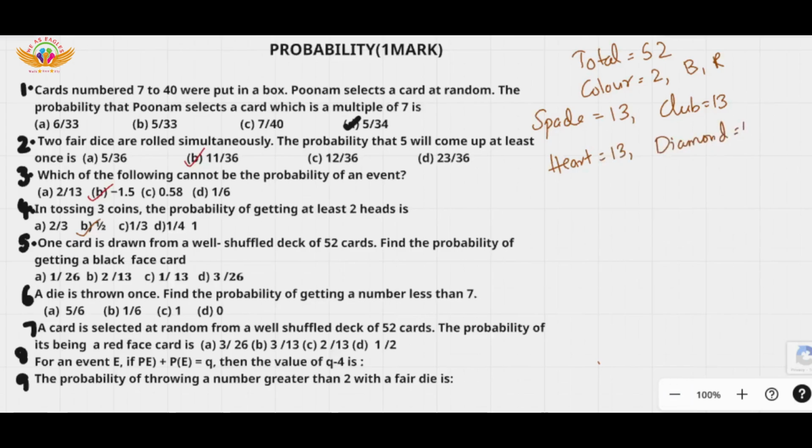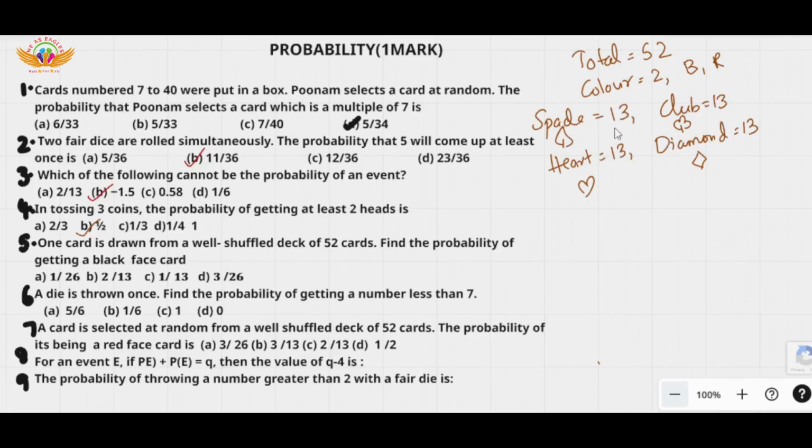So 13, 13, 13. There are four shapes. The spade shape will be like a reverse leaf, and the club will be like a tree, and a heart you all know, and a diamond shape. These are the four different shapes we have in our total 52 cards. Each shape has 13.